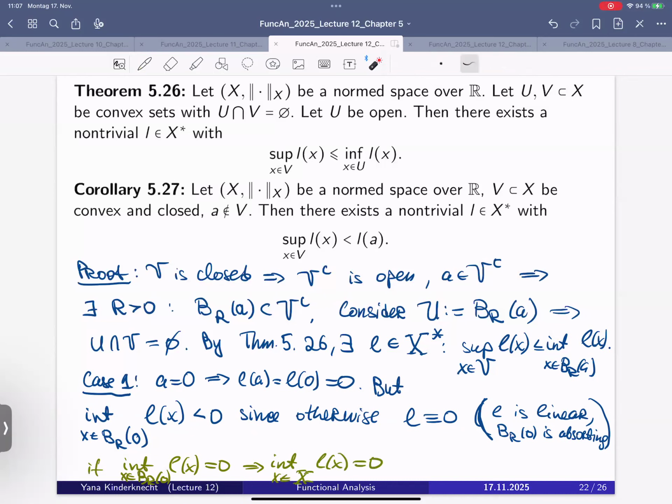I just use that we can absorb any point x by the set. So we just rescale this open ball to get any bigger ball, and using the linearity of L, I obtain the same. But this means that we have a linear functional which is bounded from below.